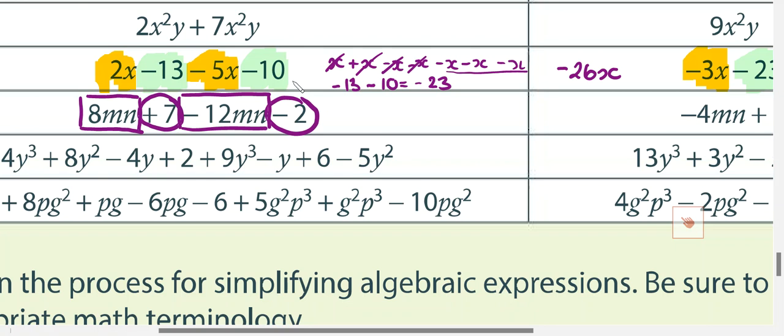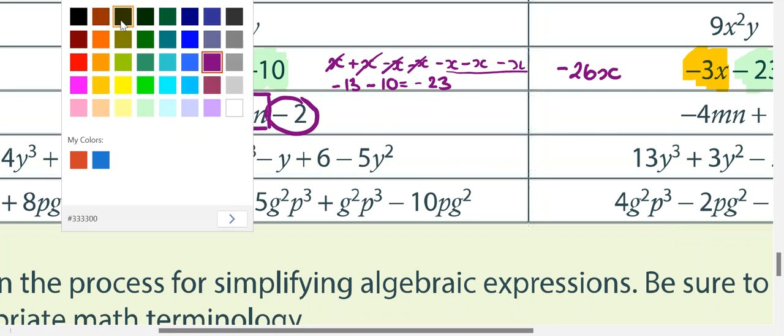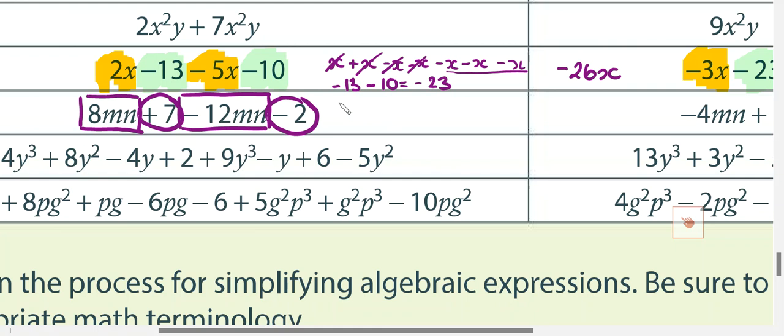Now, if I wanted to, and it's entirely up to you whether you do this, I'm going to rewrite it as 8mn minus 12mn. I'm collecting them together, plus 7 minus 2. So it's not simplified yet, but they are collected together. This is what we call collecting like terms. Now I can simplify.